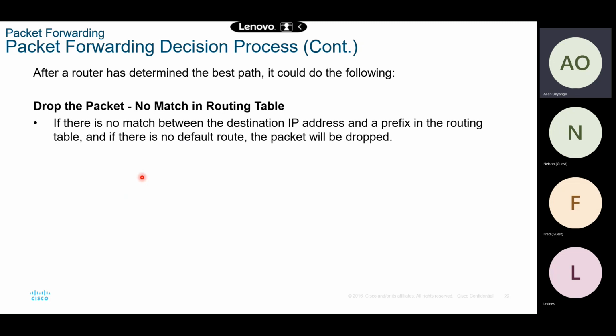Sometimes, if there's no match in the routing table, then the router will always drop that packet. Everything is well planned, and the router knows very well how to do its job.